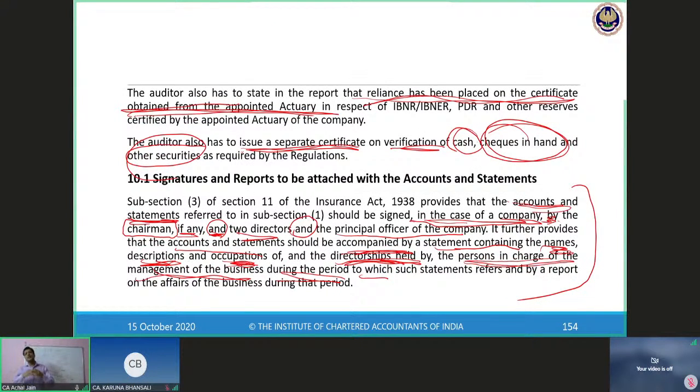So audit documentation, like for any other audit, will also be important over here, and particularly for these type of companies wherein the regulations are so stringent for the entity, will also be stringent for the auditor. Auditor will also be subject to various reviews. Remember, we discussed about peer review, quality reviews. Yeah. So all of those reviews will really be relevant over here. So that's why all of these things which will become audit evidence, you remember audit evidence, will have to be properly documented by the auditor of the company.